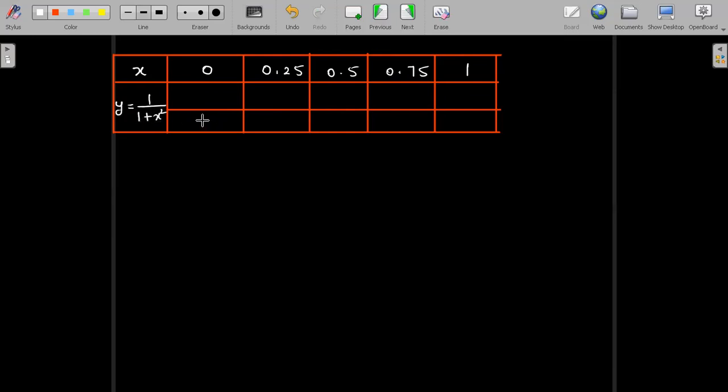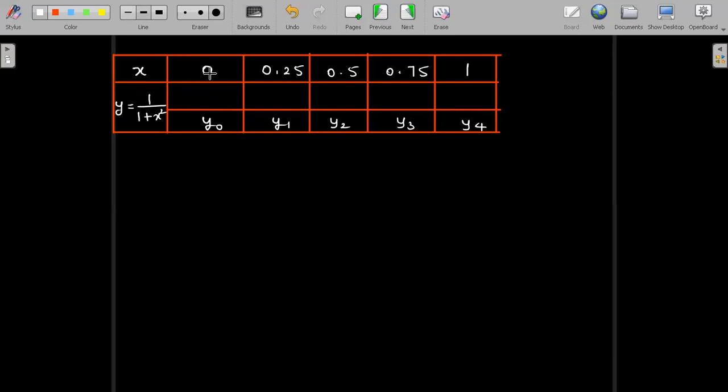Let us find out the y values for each of these x values. We shall round off all our decimal places to 4 decimals, usual consistency in numericals. And let us denote each of these y values as y0, y1, y2, y3, y4.